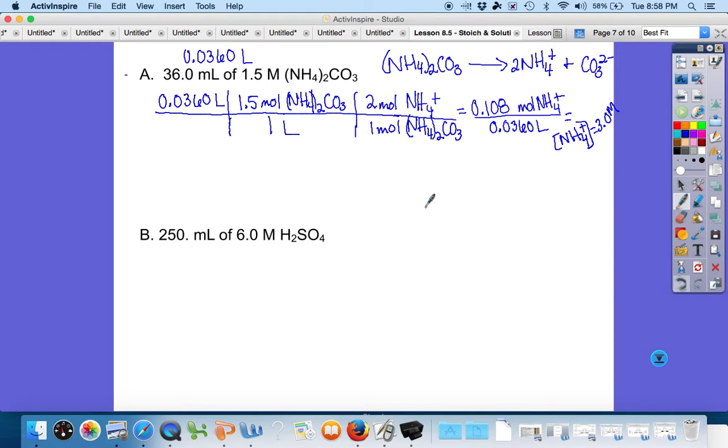So now we need to do the same calculation for our carbonate ions. Starting with our starting volume of 36 milliliters, or 0.036 liters. For every 1 liter of solution, we have 1.5 moles of ammonium carbonate.